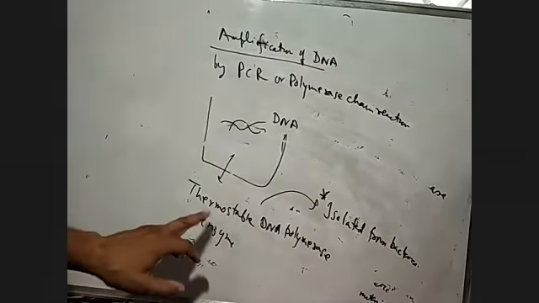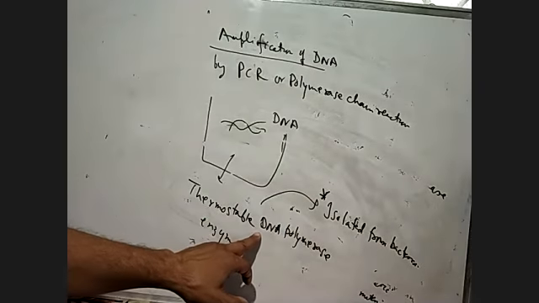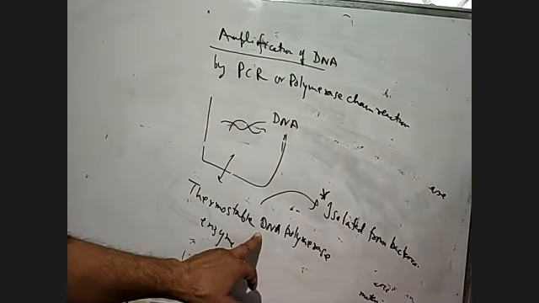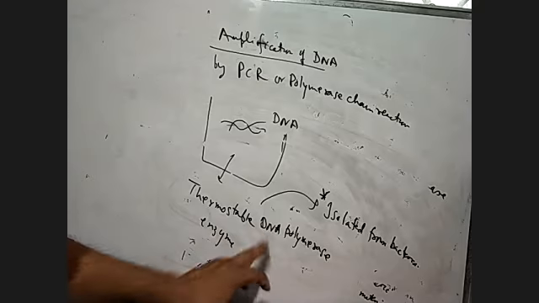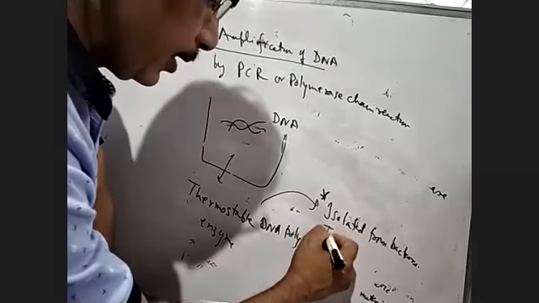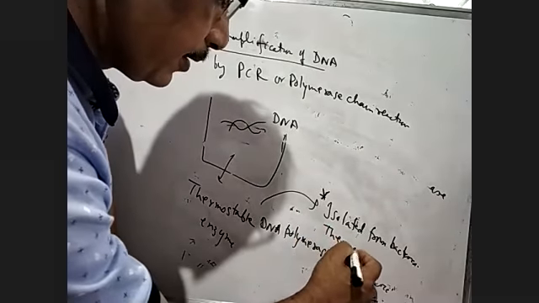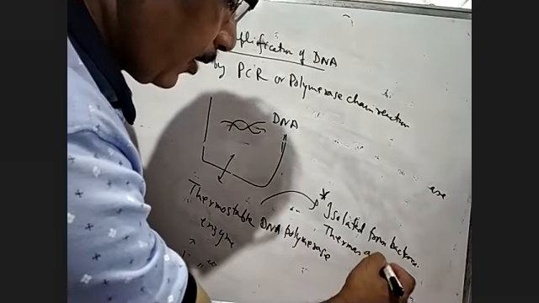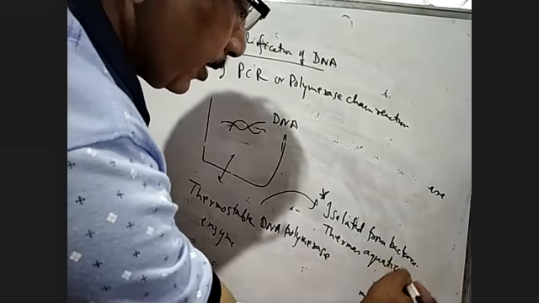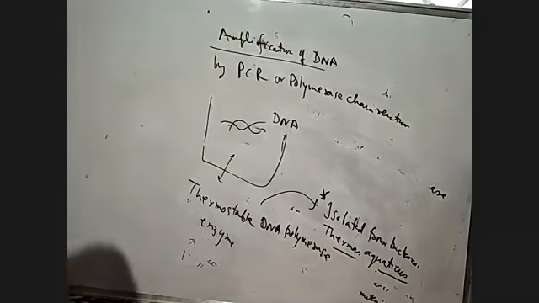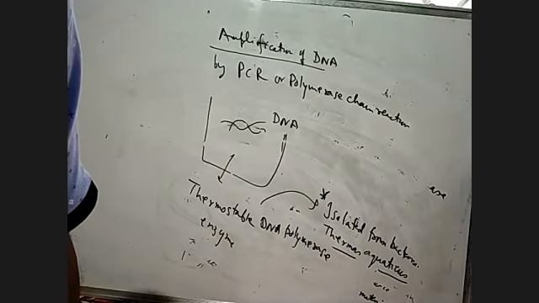This thermostable DNA polymerase has been isolated from the bacterium Thermus aquaticus. You have to remember that, Thermus aquaticus. Many times it may be asked.